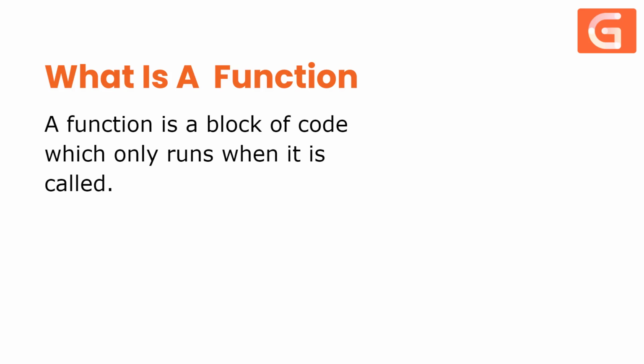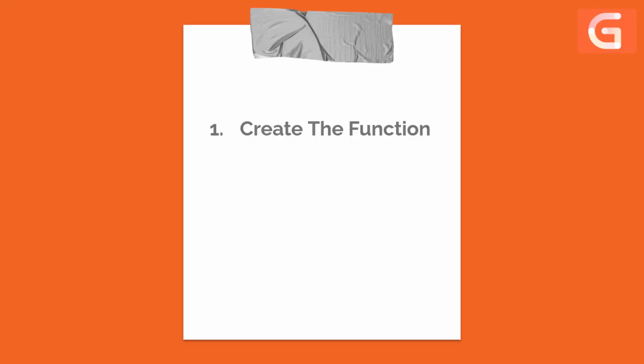So a function is just a block of code which runs when it is called. That's the simplest definition that I can give you, but I know it may not be clear at this moment, but it will be clear as we go. There are a number of things that you have to know when dealing with functions in Python.